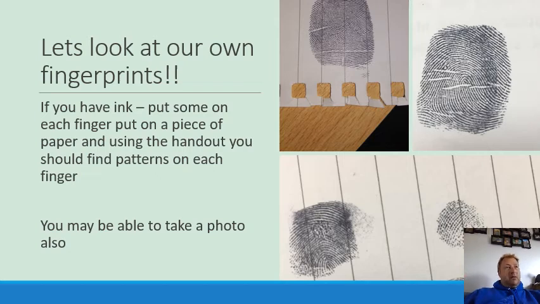This is where we'd be doing our own fingerprints and looking at what patterns we have. If you can get hold of ink, put some on your fingers and then gently roll them onto paper really lightly. If it's too dark and you can't see anything, it means you've got too much ink and you pressed too hard. So just roll them on. I'll attach some common fingerprint patterns, so you can see which ones you have.